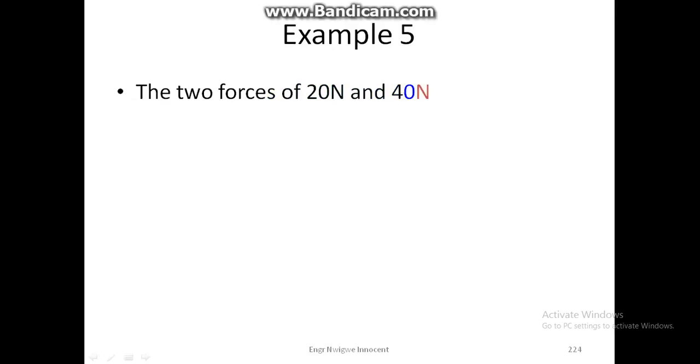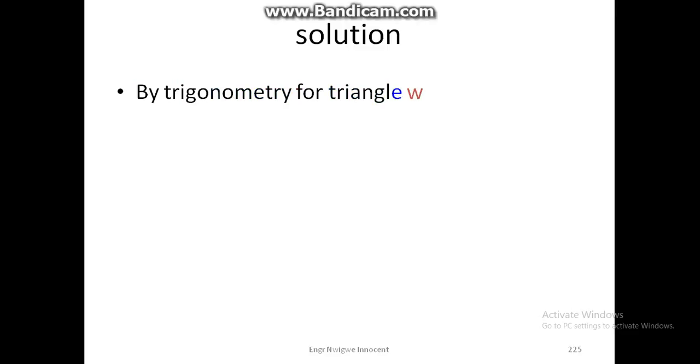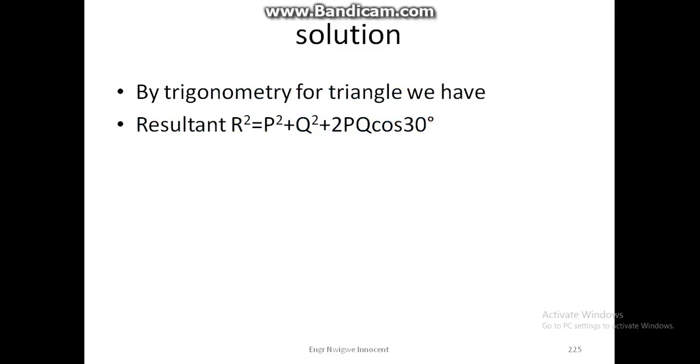Example 5. Two forces of 20 Newton and 40 Newton act at a point and the angle between them is 30 degrees. Find the resultant force. Solution. By trigonometry for the triangle, we have the resultant R squared equal to P squared plus Q squared plus 2PQ cos 30 degrees.